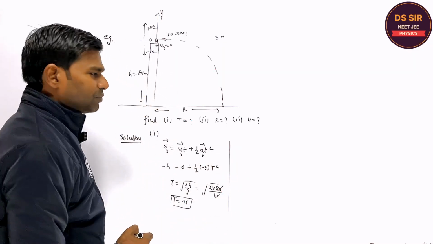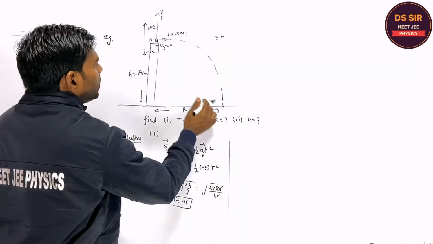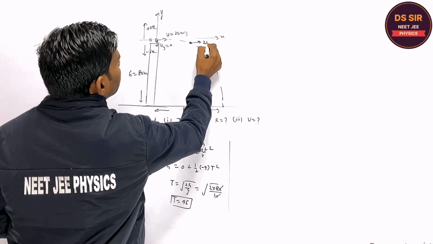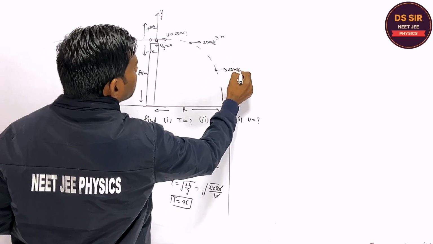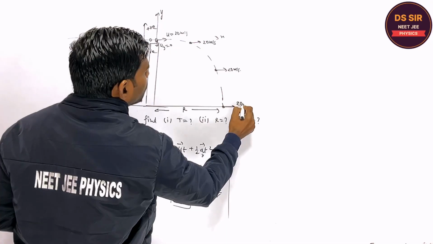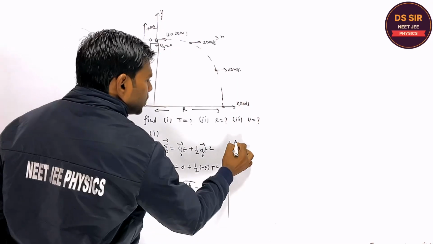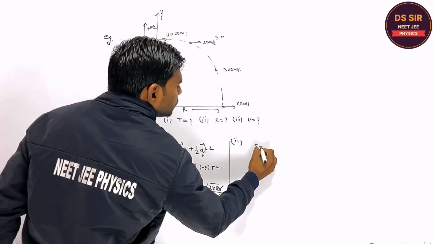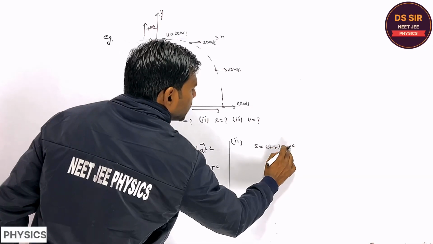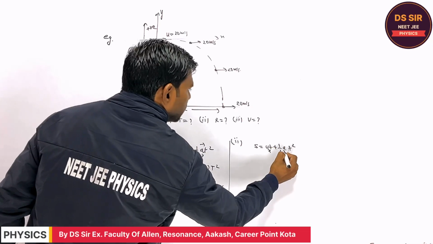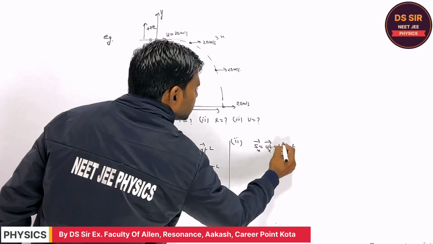Is it fine? Now to find the horizontal range, the horizontal velocity is what? 20 meters per second. Are you getting? So in the second part, s is equal to ut plus half at square, in the x direction.